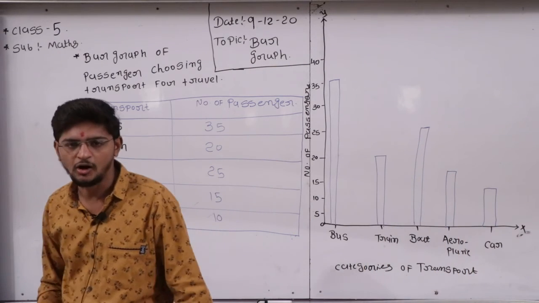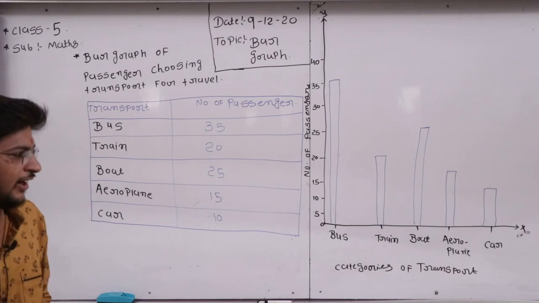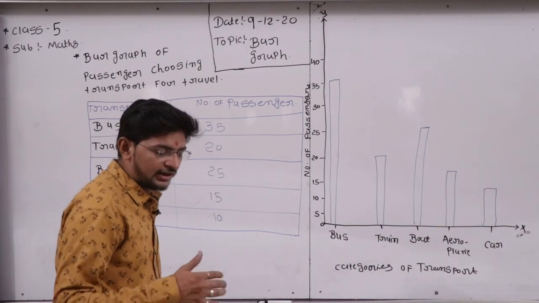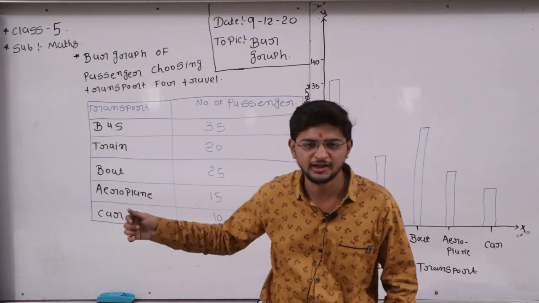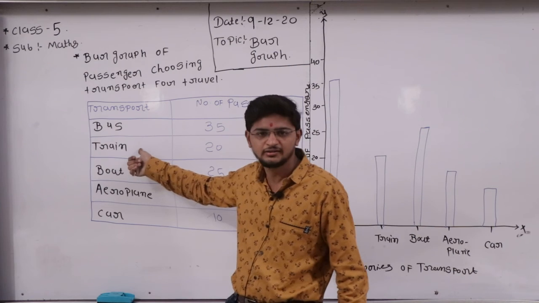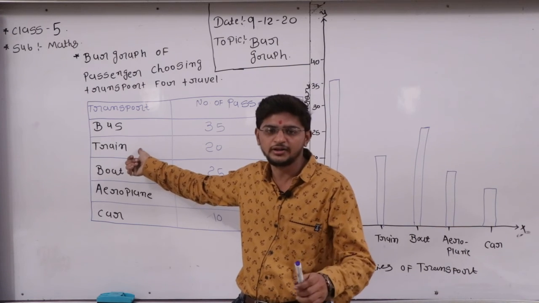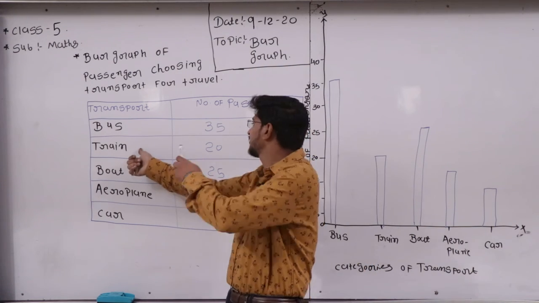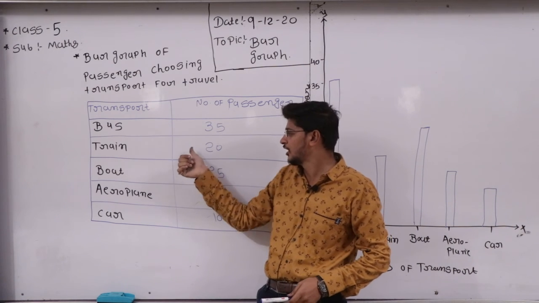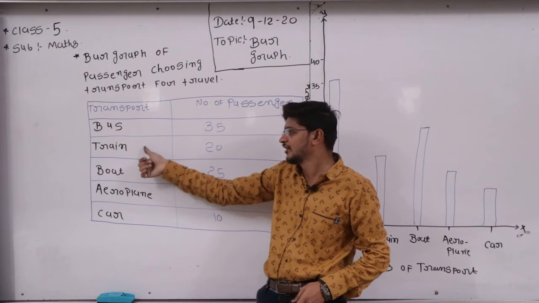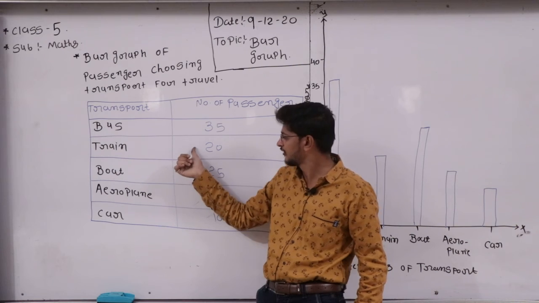Third question is how many passengers choose a train to travel from one place to another place. Let's find train in the transport categories. It is here, right? Now find the table's second column. It is for the number of passengers. How many passengers can you see in the train's row? 20.